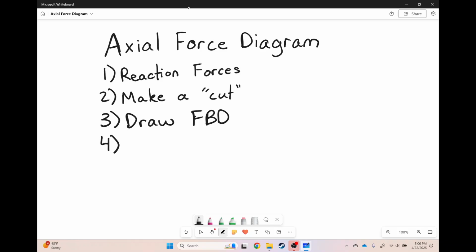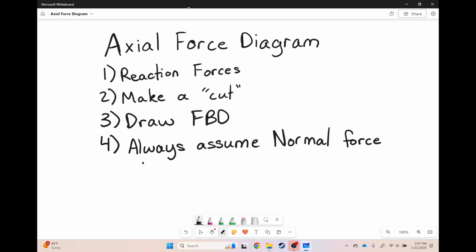Step number four for us is always to assume a positive direction. For axial, we're talking the normal force. So we assume normal force in the positive direction. And remember that positive does mean tension.